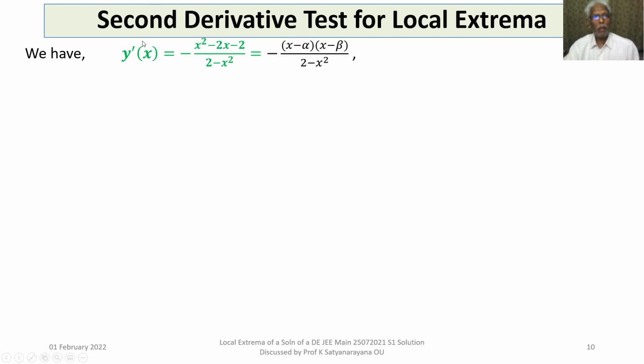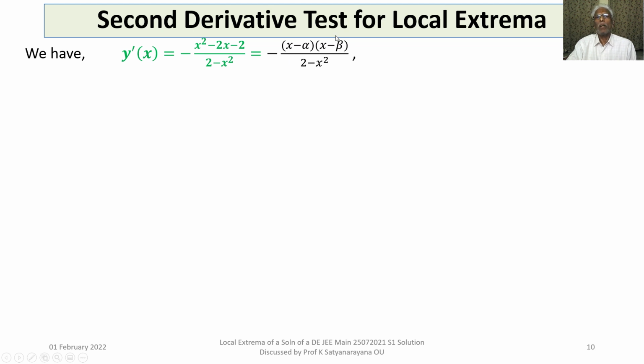We have y prime x. y prime x is minus x square minus 2x minus 2 by 2 minus x square, and alpha and beta are the solutions for this polynomial. So therefore we write it as minus x minus alpha into x minus beta by 2 minus x square.